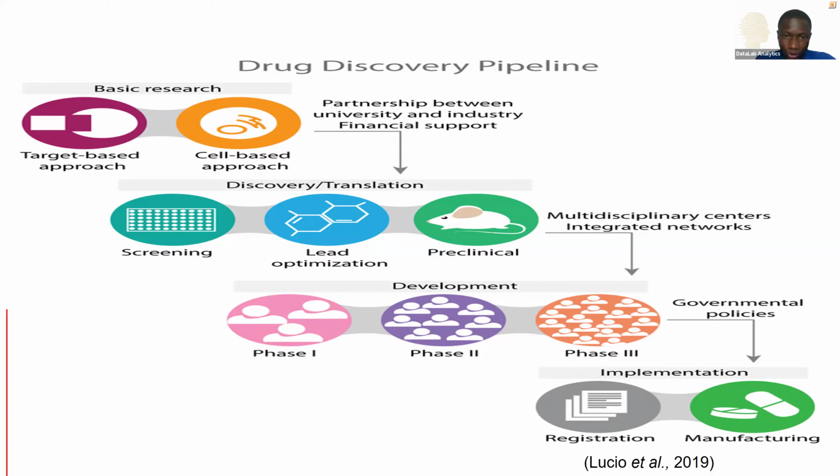Then after that, through a lot of IRB and ethical review processes, you do phase two and phase three clinical trials, then some government policies around maybe EMA and then FDA, to validate if this drug molecule would really work for the populace, and then begin the manufacturing and then go to the market.